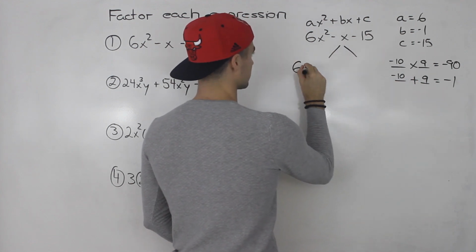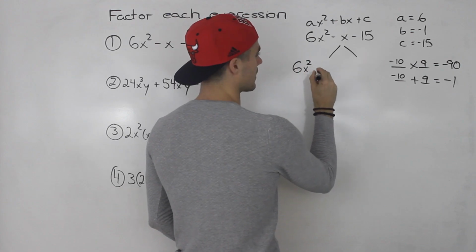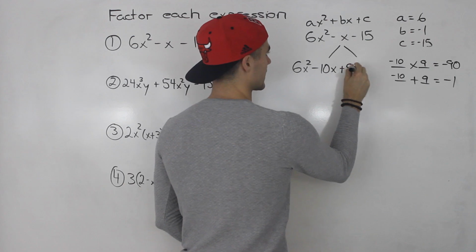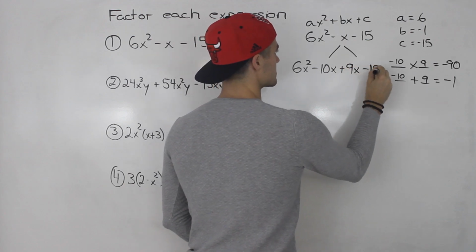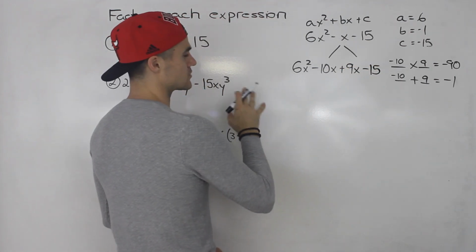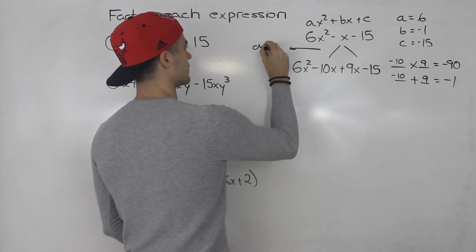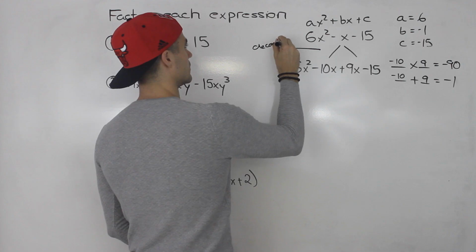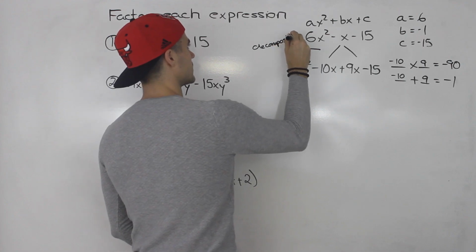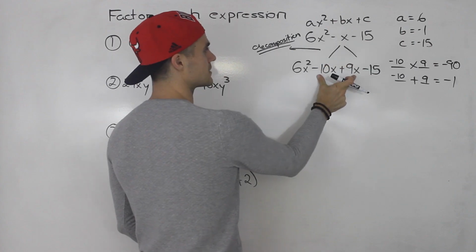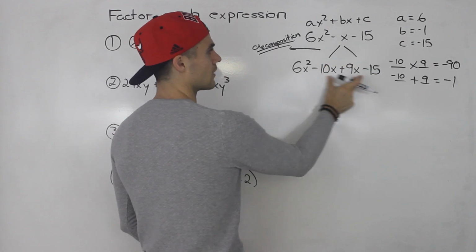So you write 6x squared minus 10x plus 9x minus 15. That's why this process is called decomposition. It's basically because we're taking that middle term and decomposing it into two other terms.